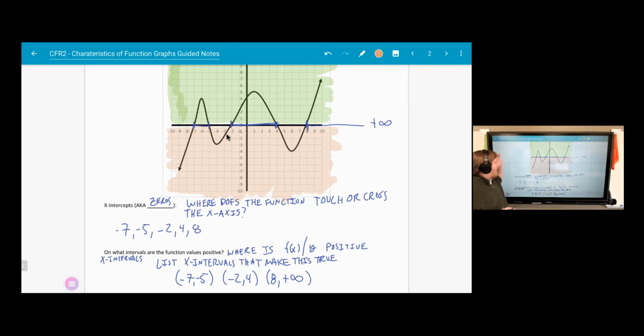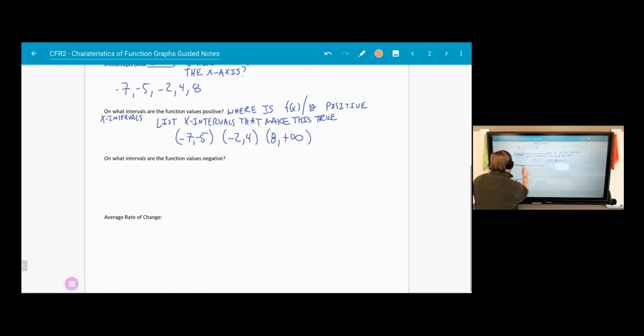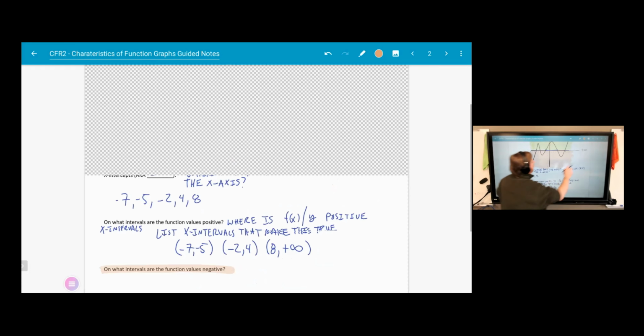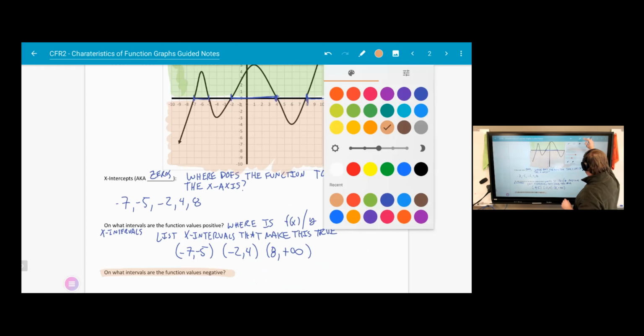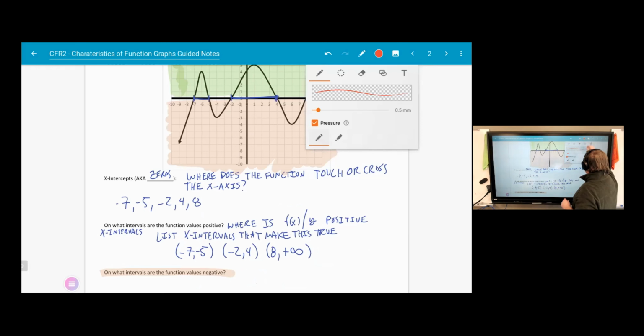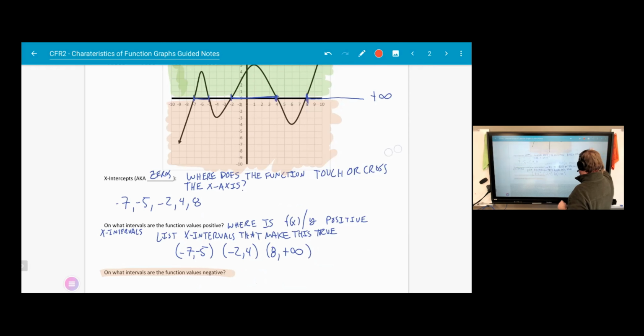So anyway, anywhere you see there, let's go ahead and highlight this. Those are negative intervals. In other words, let me rewrite this here.